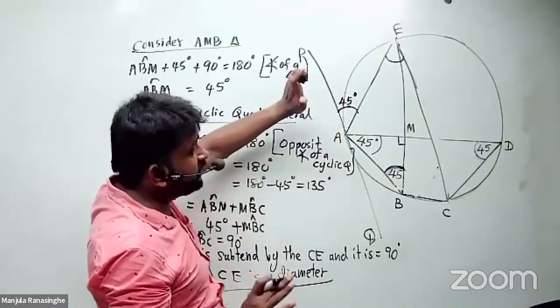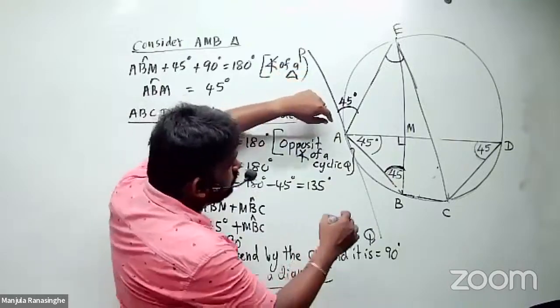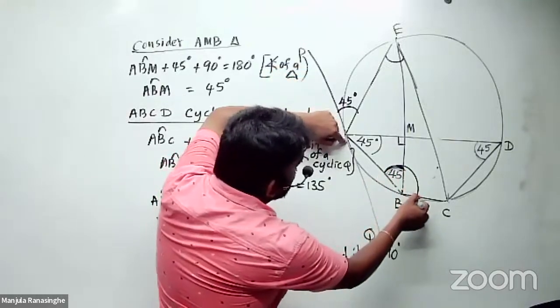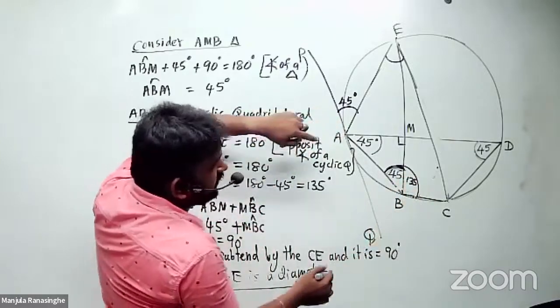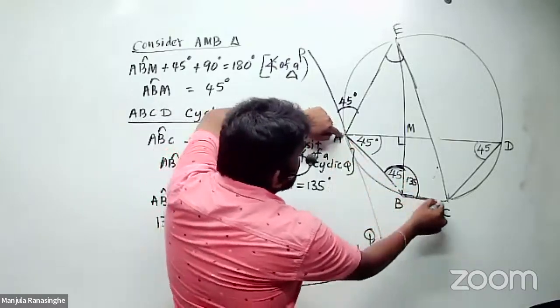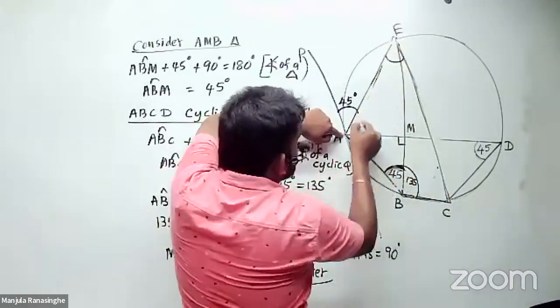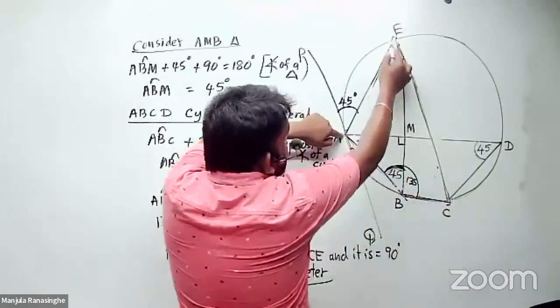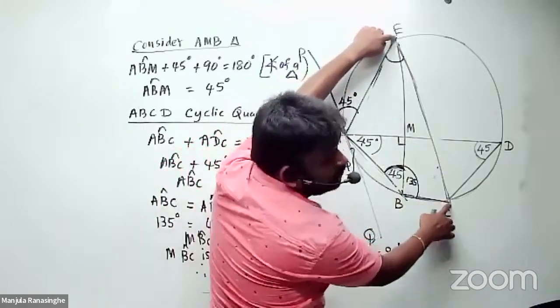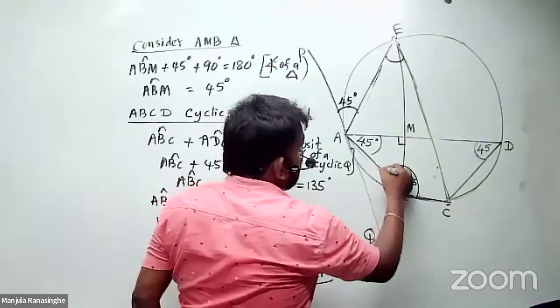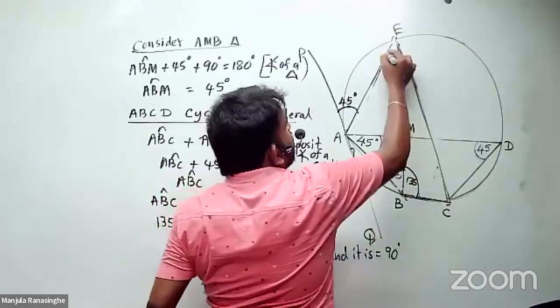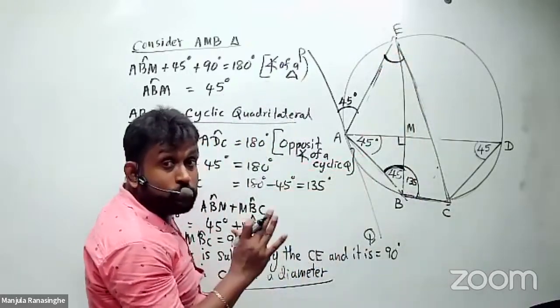Okay. Further, now you can see that you found this is 135, right? And you can see that ABCE is a cyclic quadrilateral. ABCE. Why? Because all vertices lie on the circle. Then the opposite angles of a cyclic quadrilateral add up to 180.